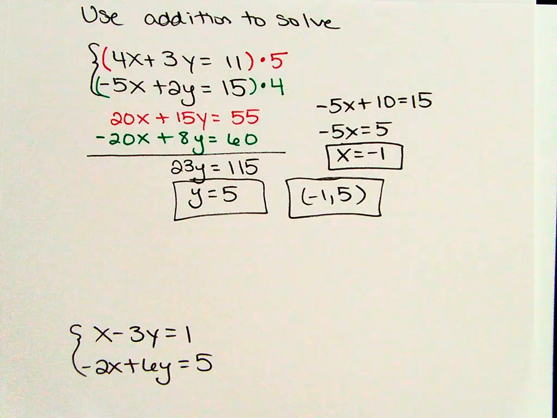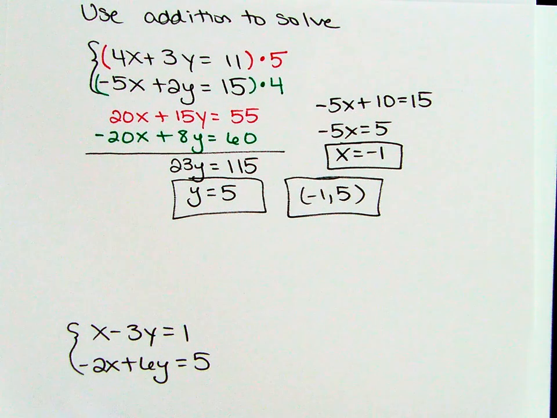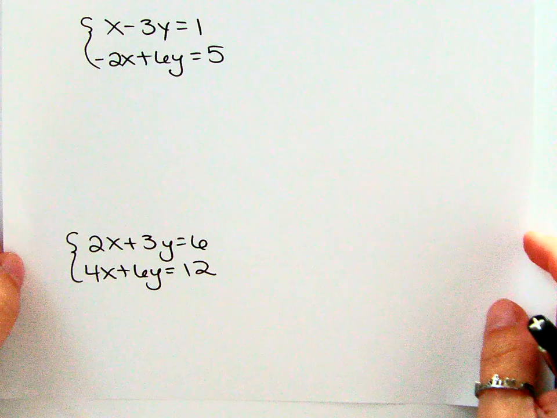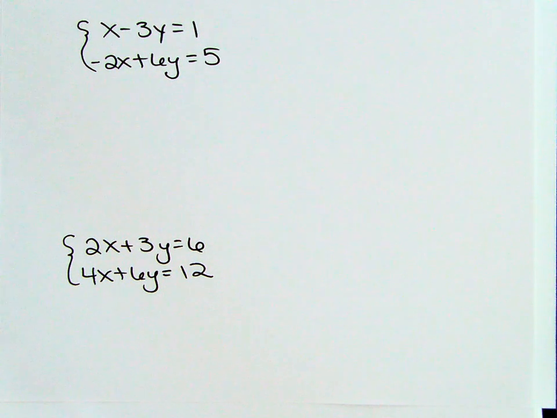Okay. We're going to do 2 more. X minus 3y equals 1 and negative 2x plus 6y equals 5.